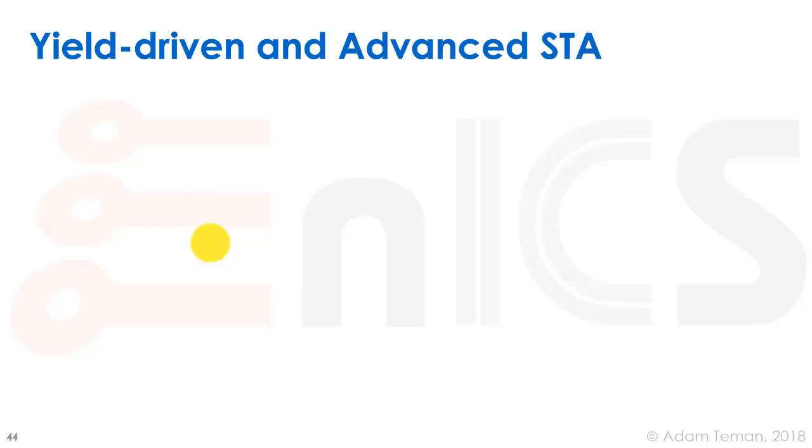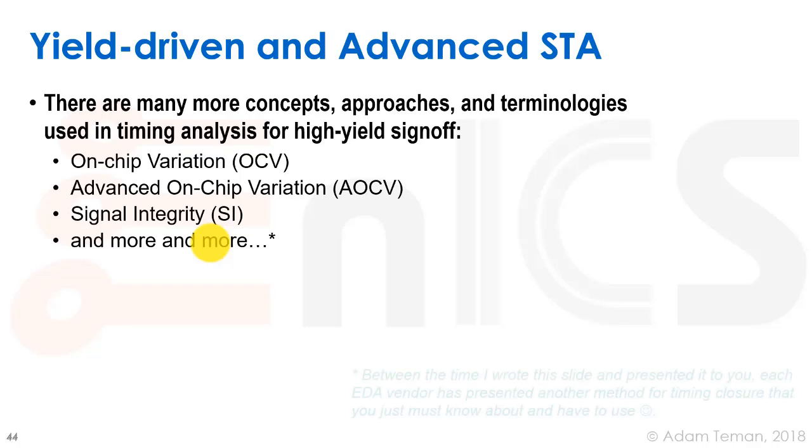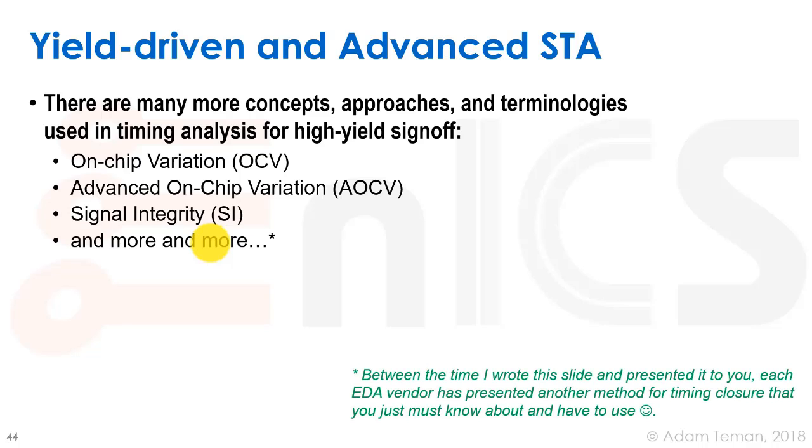A final point about constraints and so forth. We have something called yield-driven approaches and advanced static timing analysis. There are many concepts, approaches, and terminologies used in timing analysis to achieve high yield sign-off.